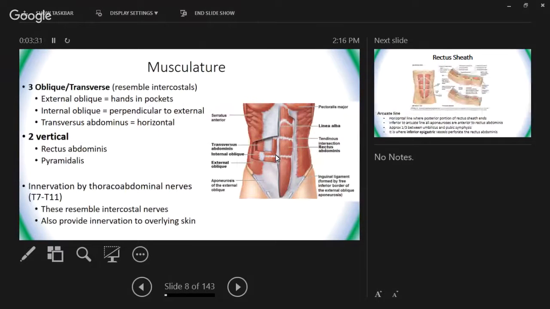The muscles of the abdomen, we'll start here. You guys know the muscles of the abdomen are very similar to the muscles of the thorax. You've got your oblique and transverse ones. The external oblique is like your hands in pockets, rotation. Internal oblique is opposite, perpendicular. Transversus abdominis is horizontal.